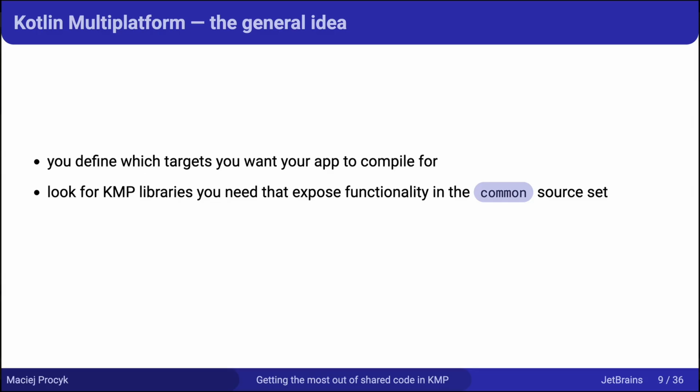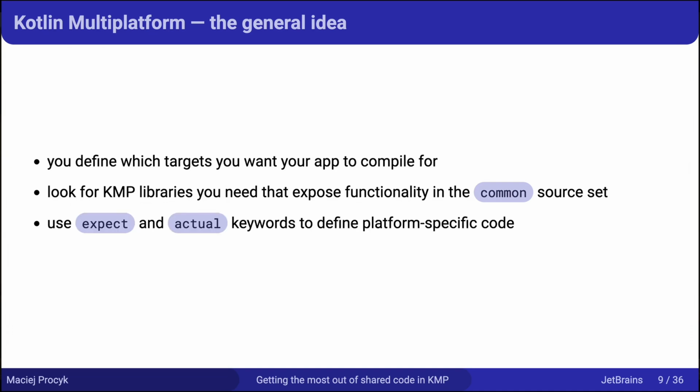And then if you miss some parts, you might try searching for the libraries that already solve those problems and make use of them also from the common source set. And that's how you build your shared part of the application.